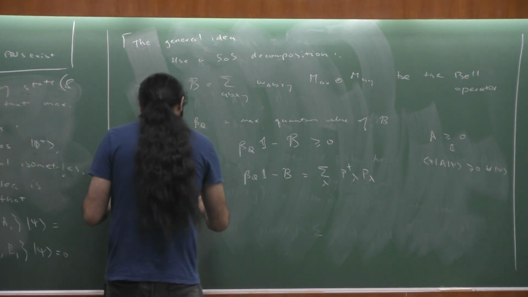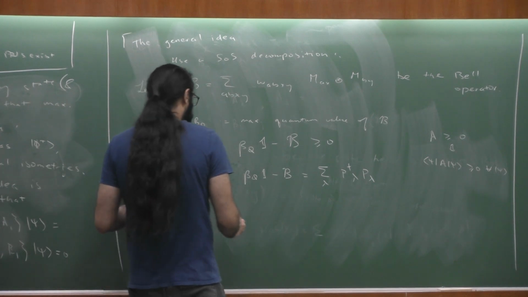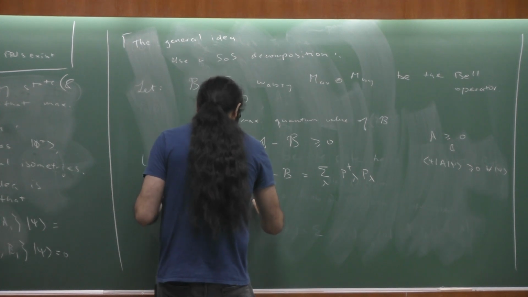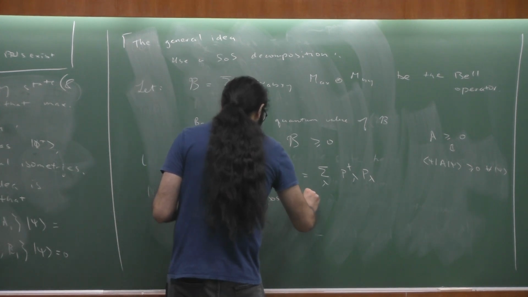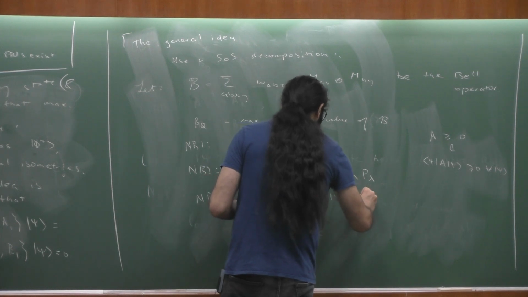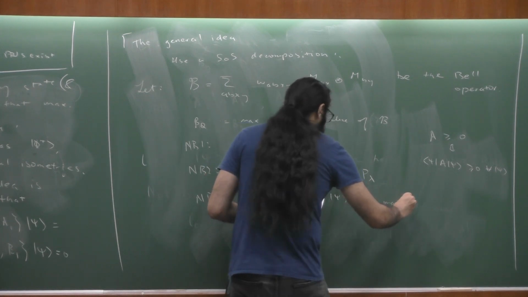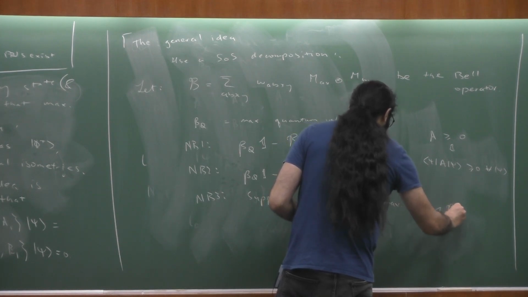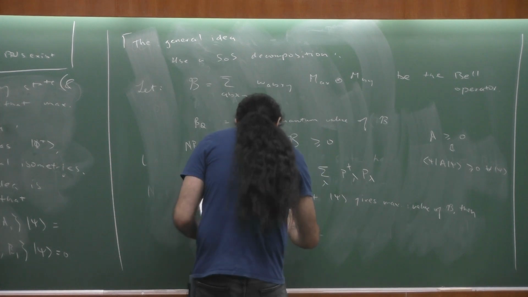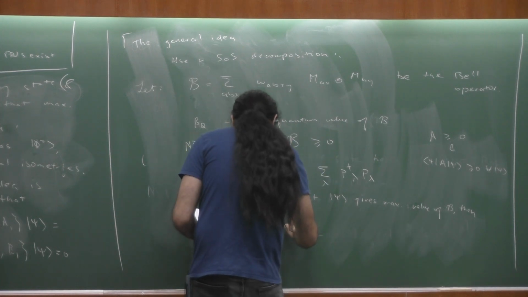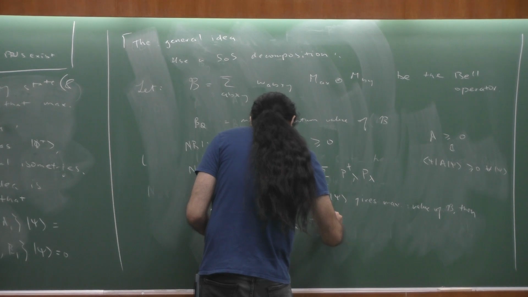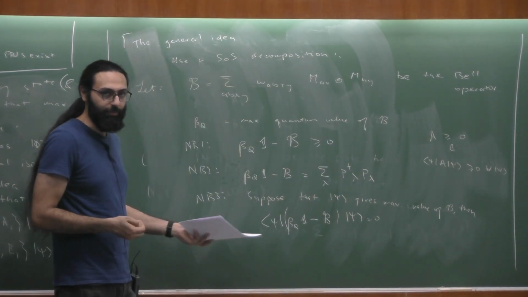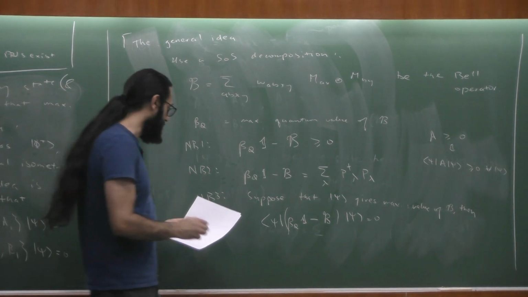And finally, the nice thing now is that if you have maximal violation, suppose that psi gives the maximal violation, the maximum value of B, then it must be the case that (beta_q identity minus B) acting on psi is 0. Because by definition you got the maximum value, so it has to be 0.